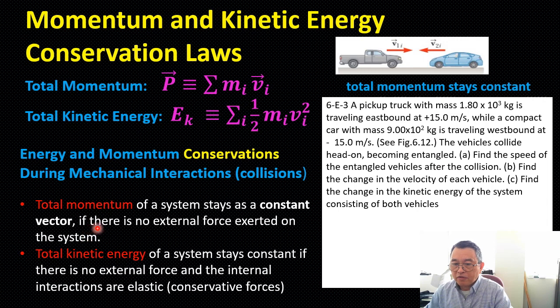In other words, if there's a collision, the interactions are just between the cars themselves, between the several objects themselves, with nothing additional from outside of the system. Of course, it depends on what you call a system. Sometimes everything is interacting with each other, but if those external interactions can be ignored, we'll have the momentum approximately conserved.